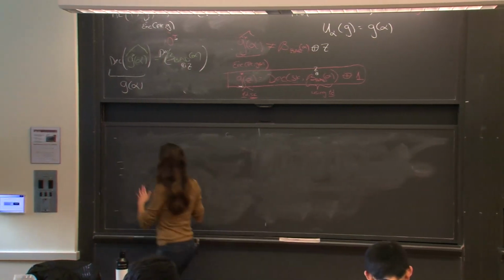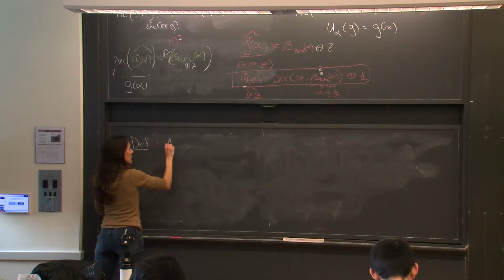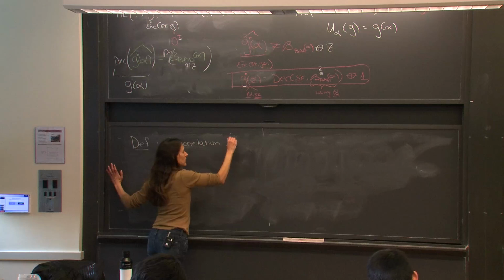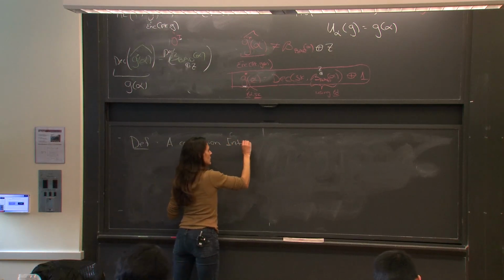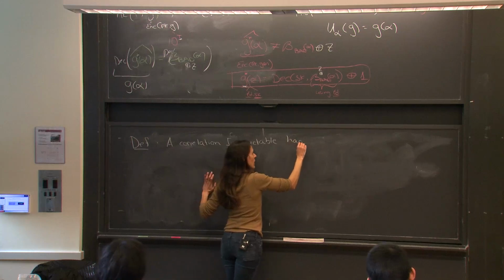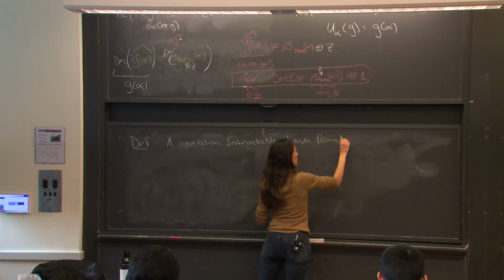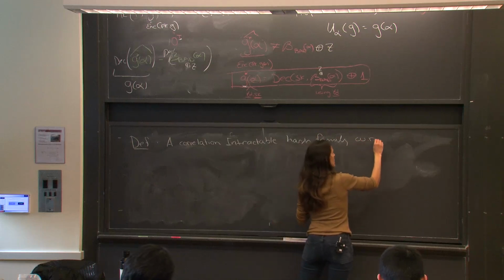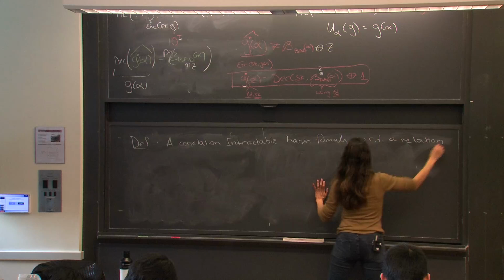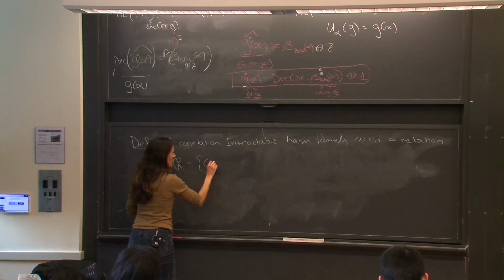So let me define it with respect to a relation R. Here's the definition. A correlation intractable hash family with respect to a relation R. R is a relation, a subset of pairs x comma y.